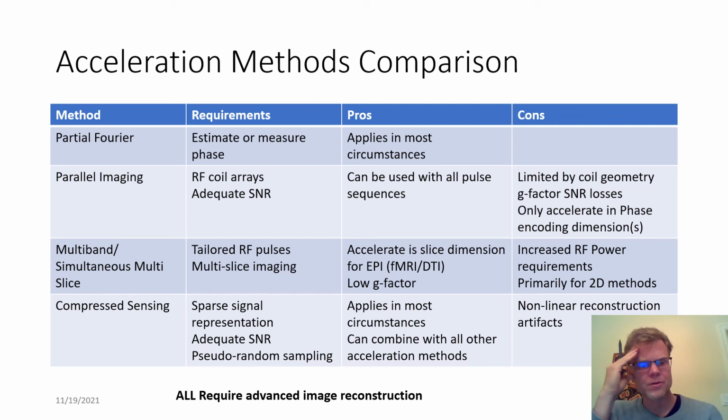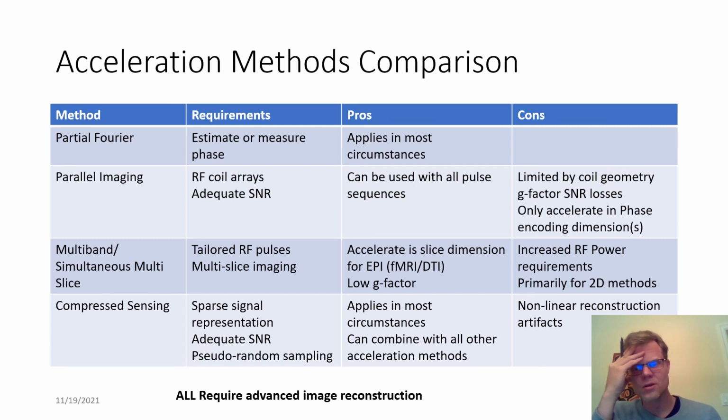And then finally we introduce compressed sensing, where the requirements are that we have a sparse signal representation, which turns out to be basically always true, sufficient SNR, and then implement some pseudo-random sampling. It's very general, and can apply in a large number of circumstances. We can actually combine this with partial Fourier and with parallel imaging.